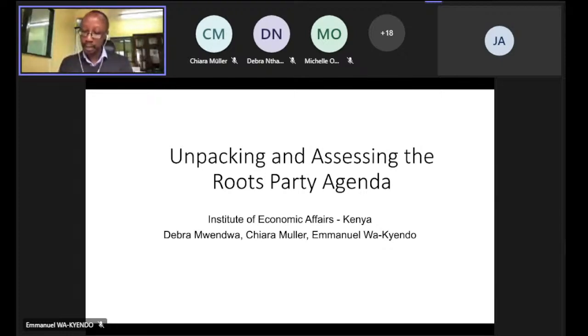And this will be done in three parts. The first part, we'll have Emmanuel Wachendo, who is a program officer in the Trade and Development Program, and he will cover the first 5 commandments. Then thereafter, we'll have Deborah Ntamburi, who will take us through the last 5 commandments. And we are lucky we have an intern on board at the Institute of Economic Affairs, Kiara Muller from the University of Geneva, who will provide an external point of view.